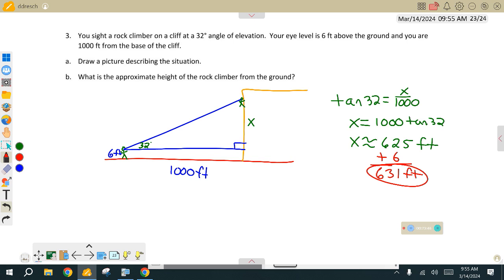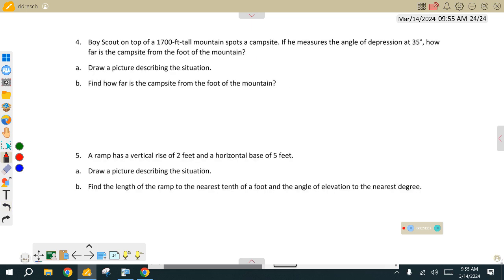Okay? So, as Jillian pointed out, plus 6 feet. So this is 625 plus that 6 feet, which is what? There's that 631.